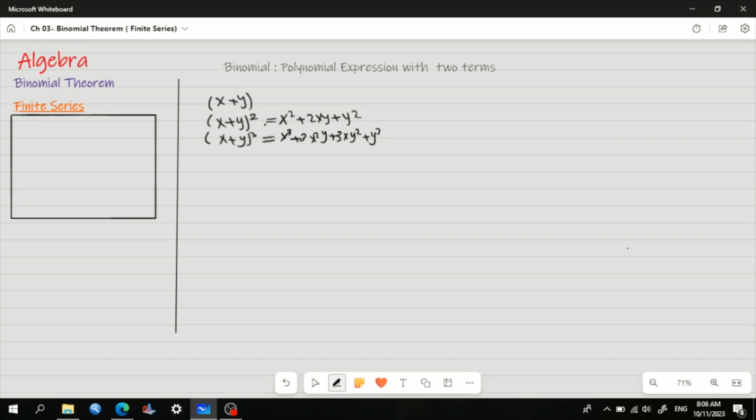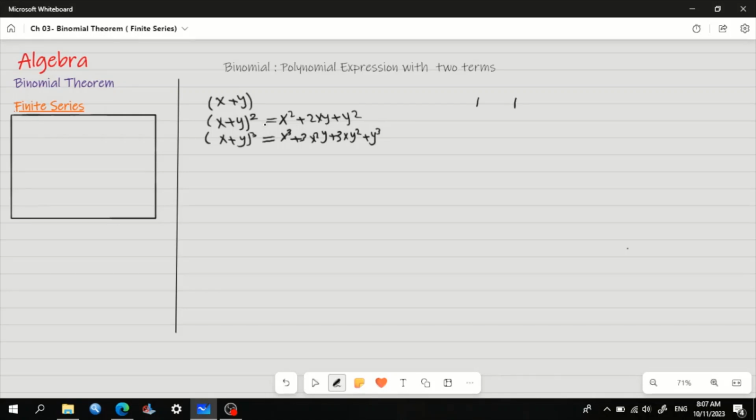If I look here from the power 1 up to power 3, the coefficients of x and y, or the first term and second term in these brackets. Let me write that here: the coefficient of x is 1. Here the coefficient of y is 1.